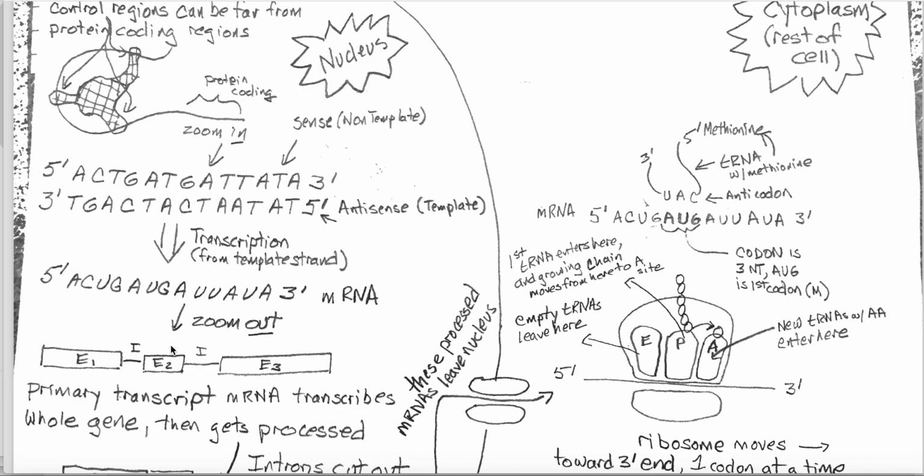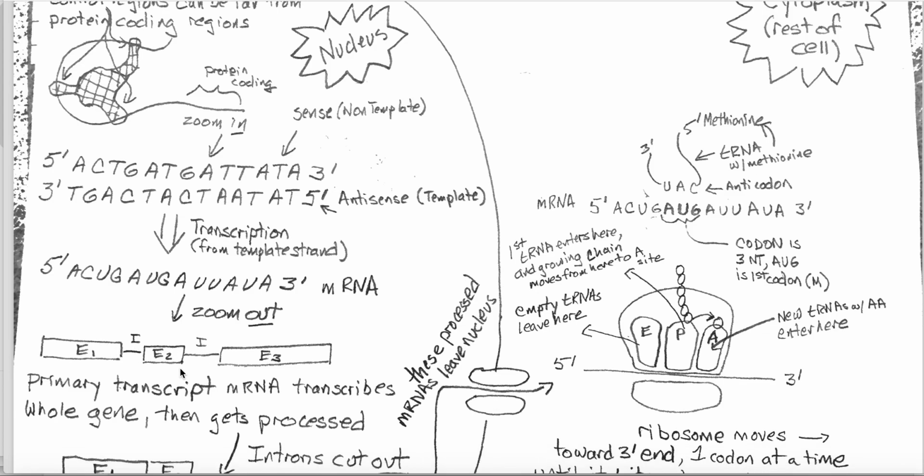These two things are called exons, E for exon, and introns, I for intron. The introns end up getting cut out of the sequence before the ribosome reads it, and the exons stay in.